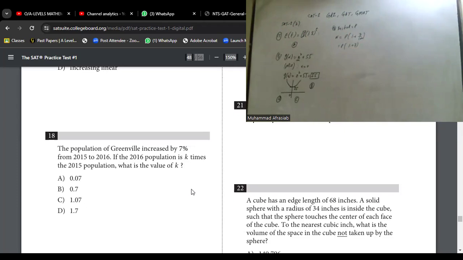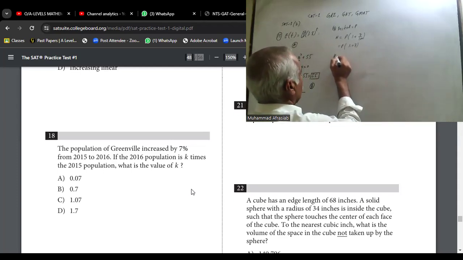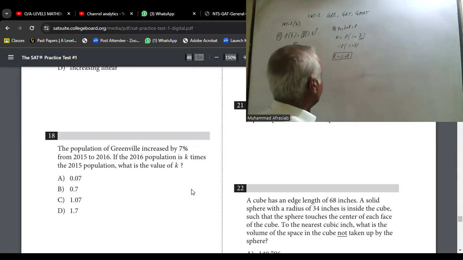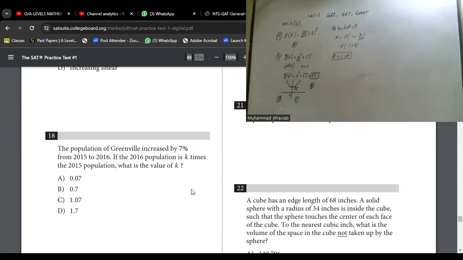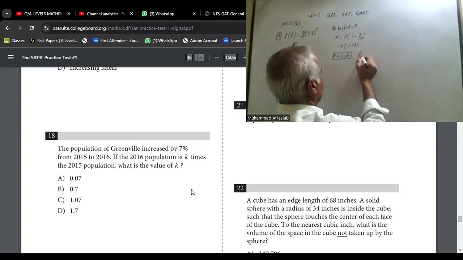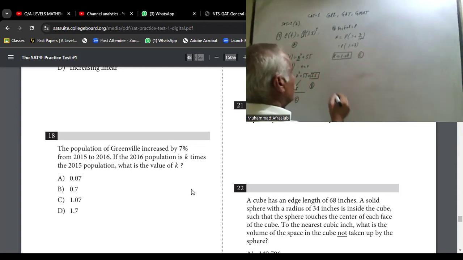So what is the value of this k? It should be equal to 1.07 because it is increasing at this rate. So this is the answer, choice C. So 18 has the answer C.